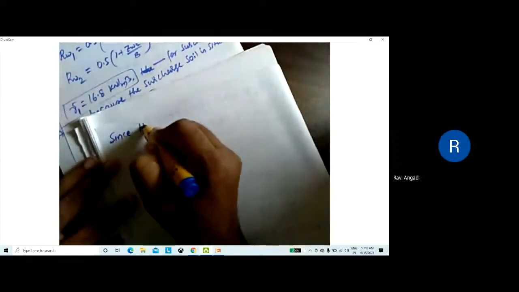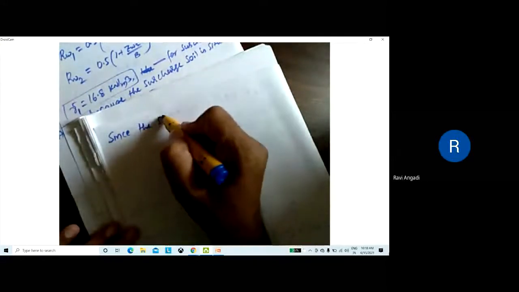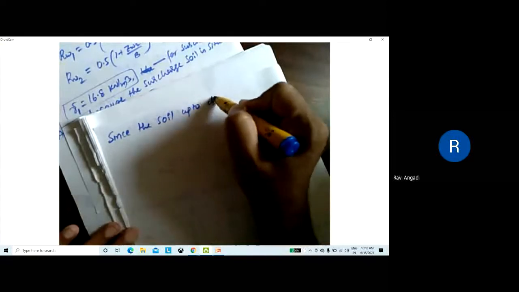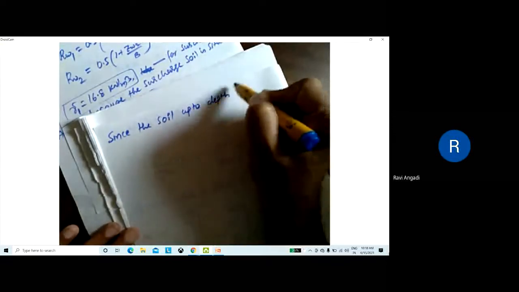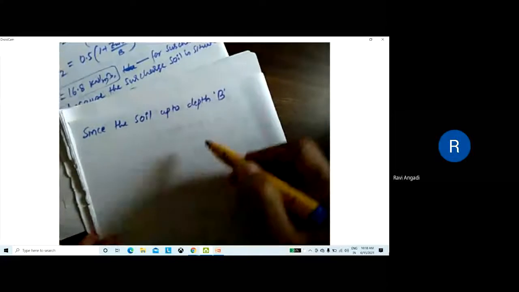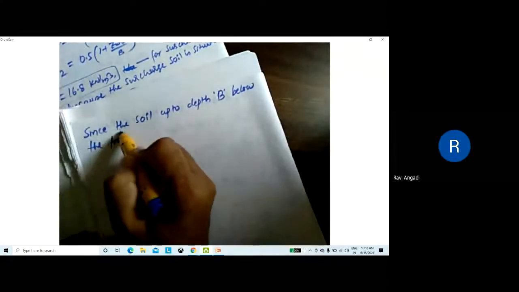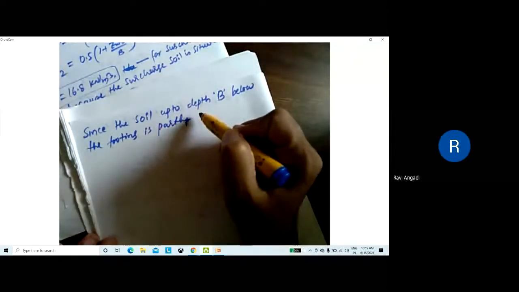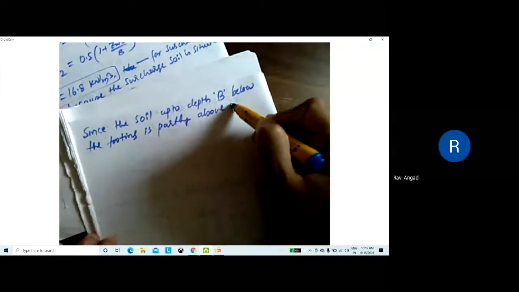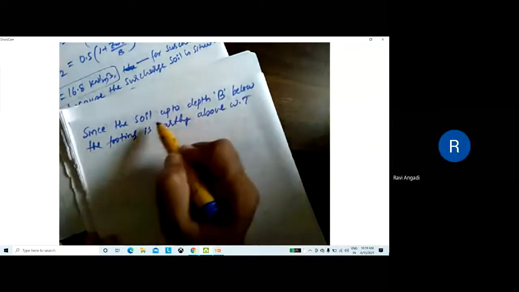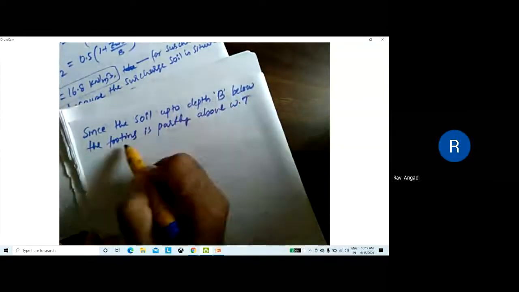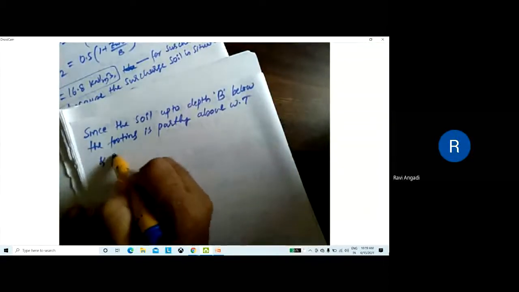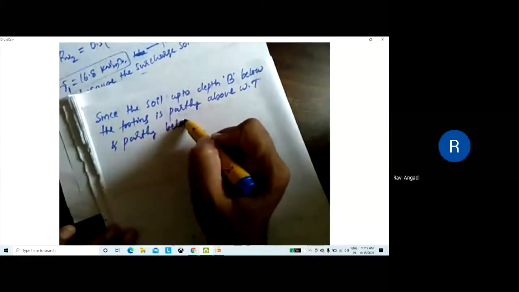Since the soil up to depth B below the footing is partly above the water table and partly below the water table. Is it clear?